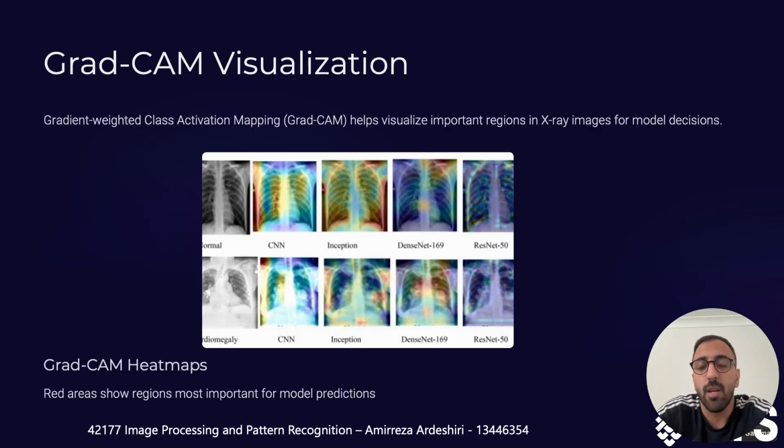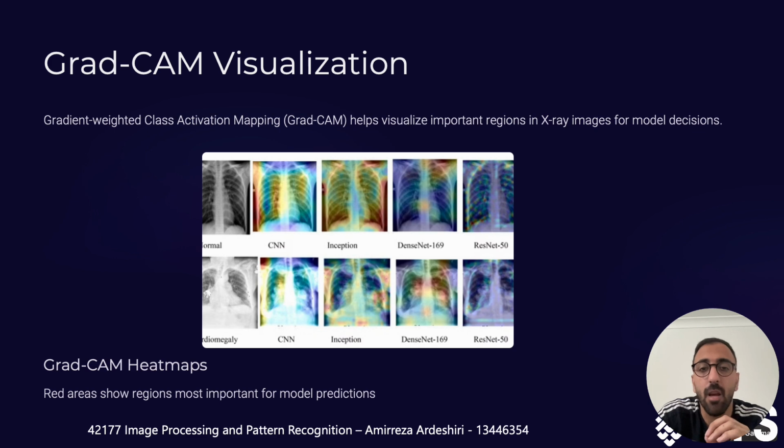To enhance interpretability, they used Grad-CAM, or gradient weighted class activation mapping, to visualize the model's focus areas. Grad-CAM generates heat maps that highlight the most critical regions in an image for the model's decision.